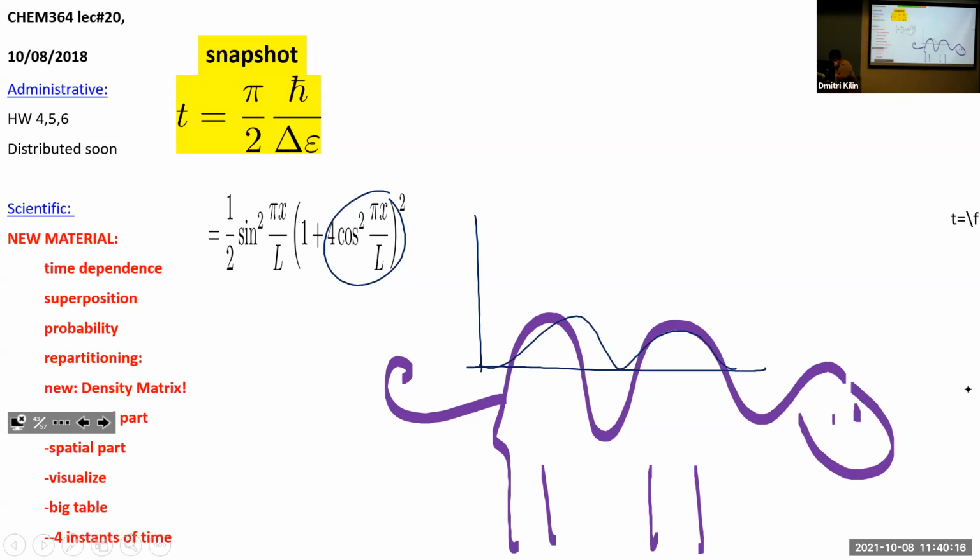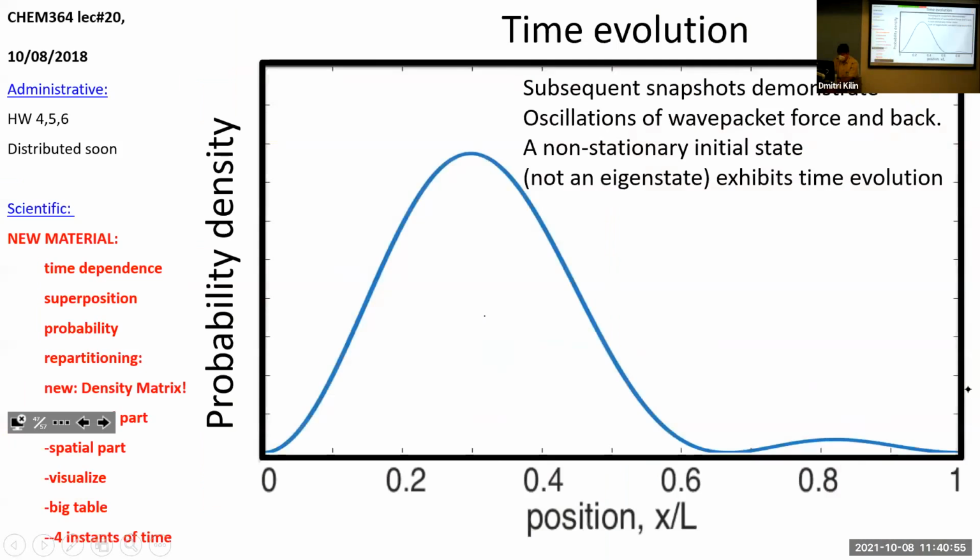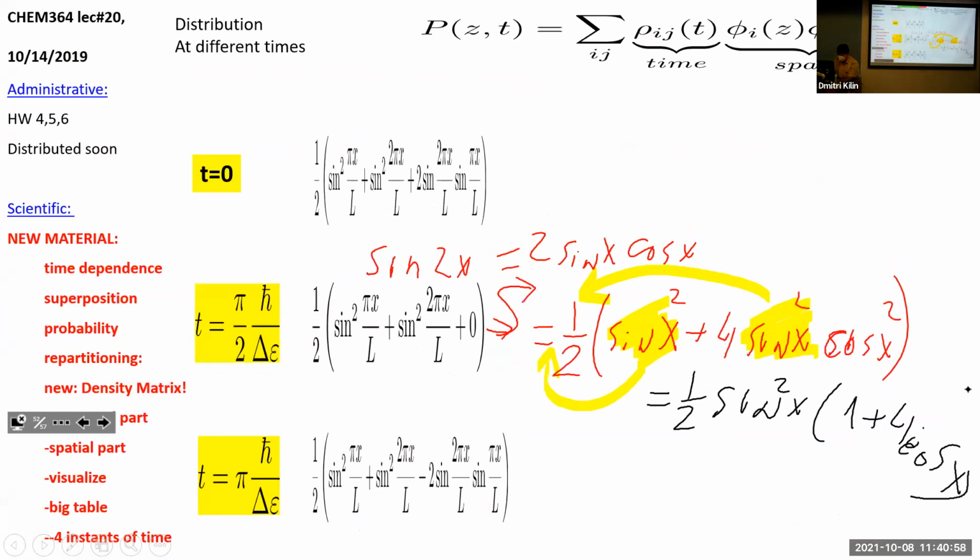I don't have pre-made notes. So what are your ideas? How can we prove that it will be symmetric and will have this shape? So if we draw cosine for this half period, no, it's a full period, right?